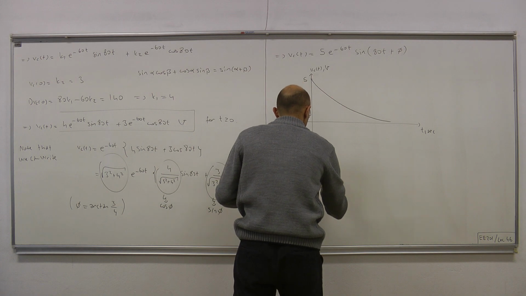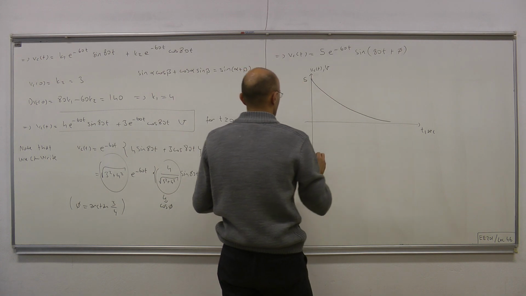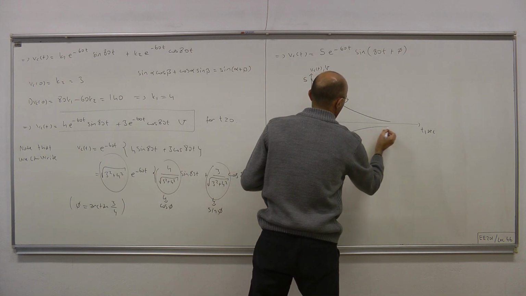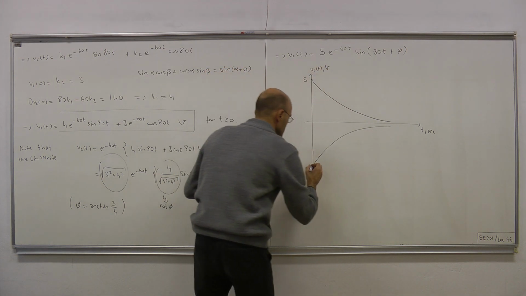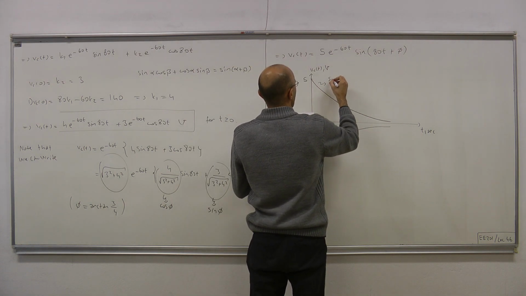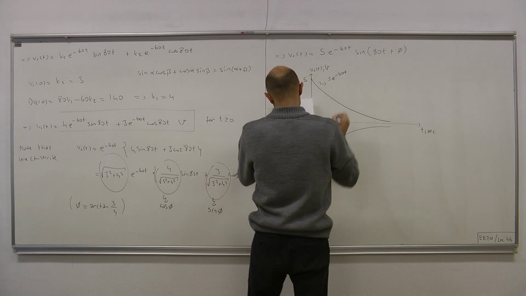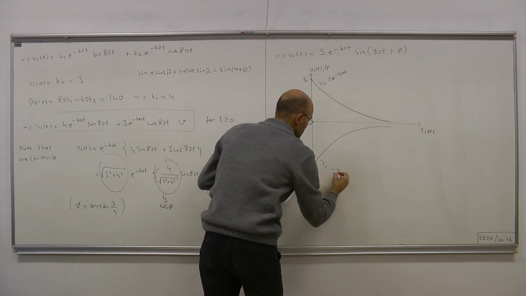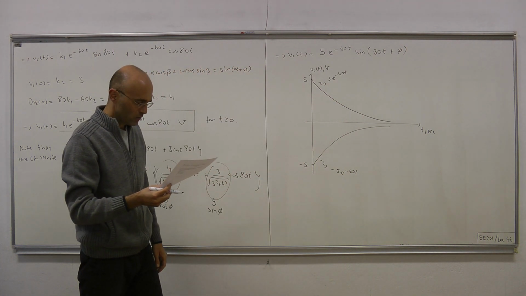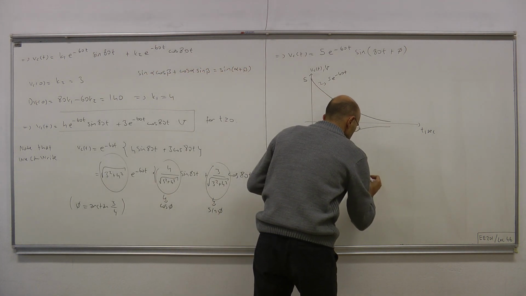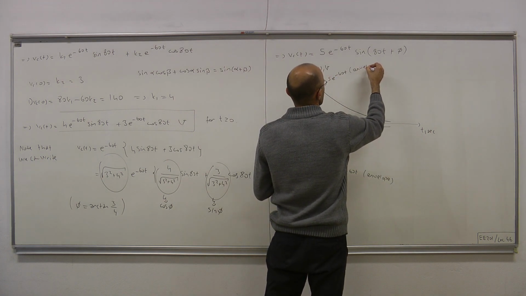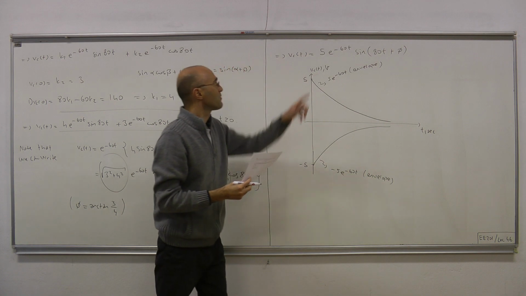In that case, we have something like this, and this is minus 5. So what we have drawn is 5 e to the minus 60t here, and this is minus 5 e to the minus 60t. Those two curves together are called the envelope of VC(t).